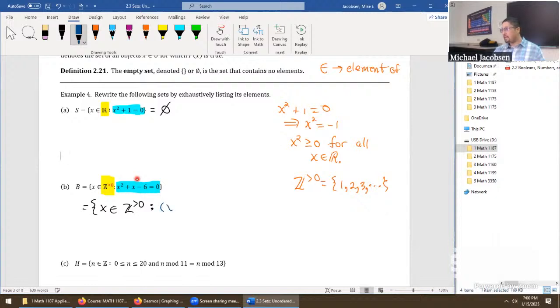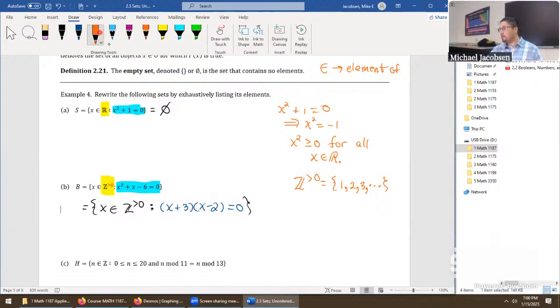Let's factor it and get x plus 3, x minus 3. Let me try again. X minus 2. That looks a little bit better. Equals 0. Sorry, a little rusty on factoring this evening. We would get a negative 6 here. Yeah, that looks like the right factorization. And that equation would have two solutions.